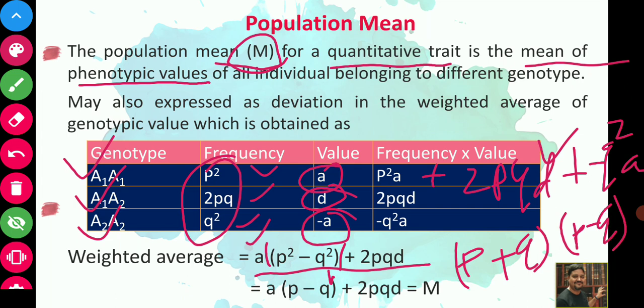So you know p plus q is equal to 1, so it will go. So now A into p minus q, because p plus q will be 1. So A into p minus q plus 2pqd is equal to M. So this will be equal to the population mean.